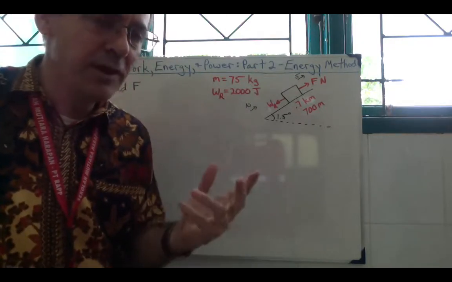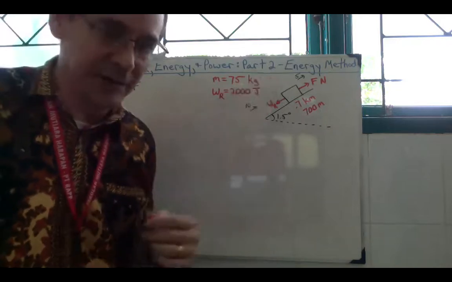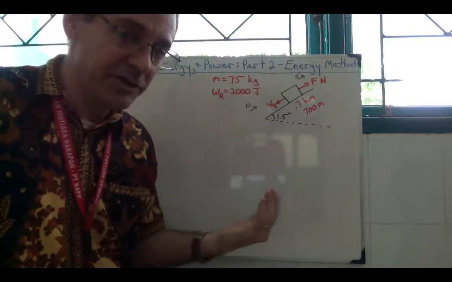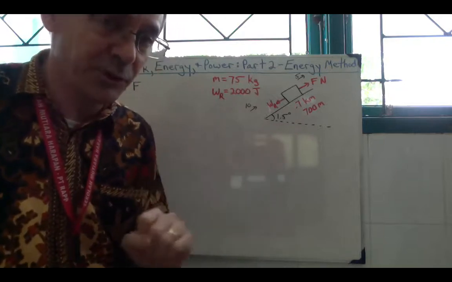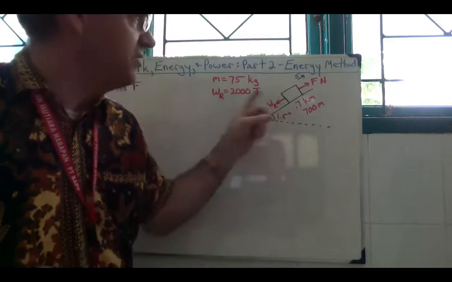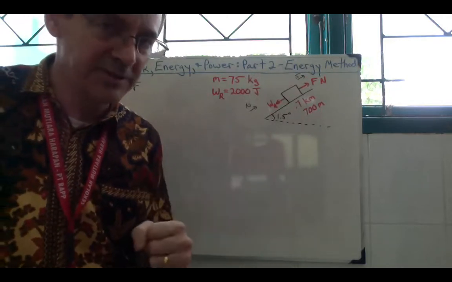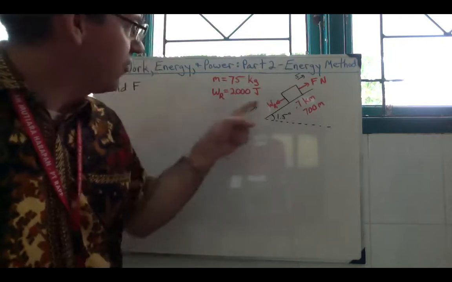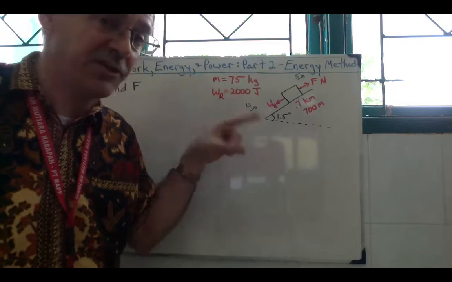However, there's a few things that you would need to do. First, you would have to solve for acceleration. And you could use the SUVAT equation, v squared equals u squared plus 2as, because you have the distance, you have the velocities, and you can solve for the acceleration. You would also have to change the work done against resistance into force.